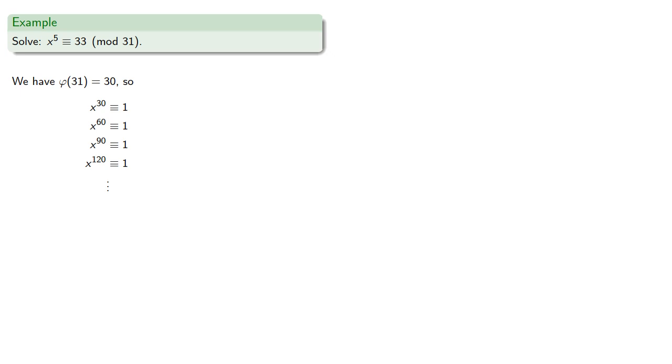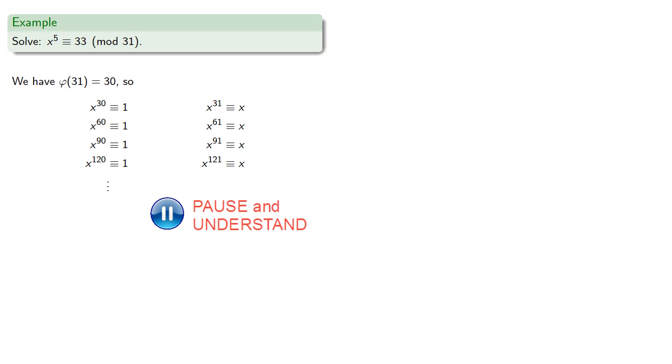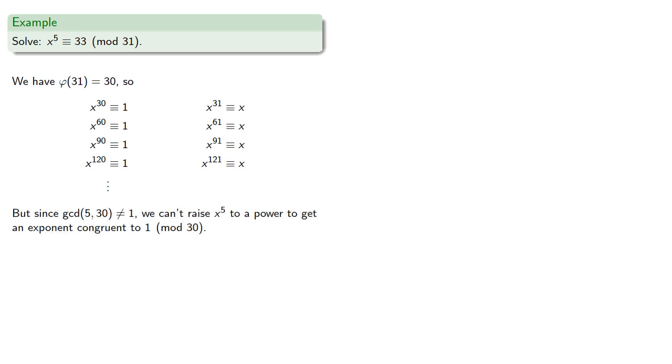And that means if we raise things to one higher power, then we get x. But these are all multiples of 30, and since the greatest common divisor of 5 and 30 isn't 1, we can't raise 5 to a power to get an exponent congruent to 1 mod 30. So we have to use trial and error, or something else.